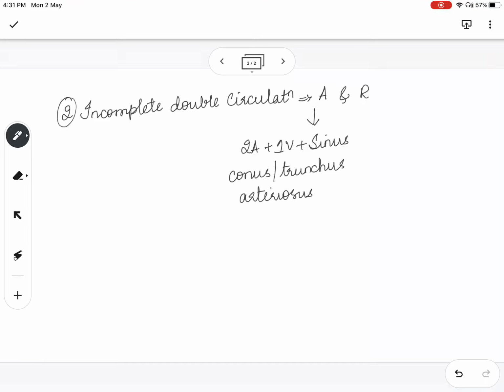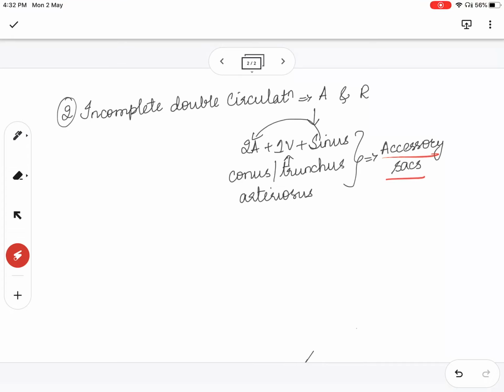The sinus venosus is present on top of the auricle and the conus arteriosus is present on top of the ventricle region. These make sure there is proper blood supply, and these two are basically called accessory sacs, which ensure proper circulation of blood to the entire body system.